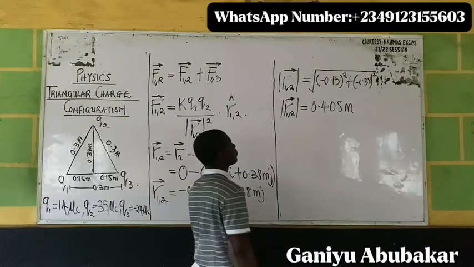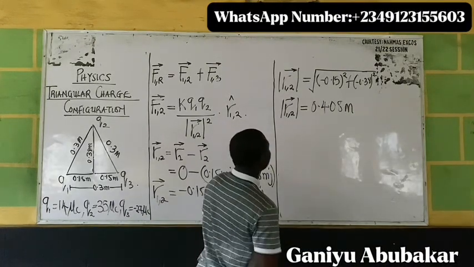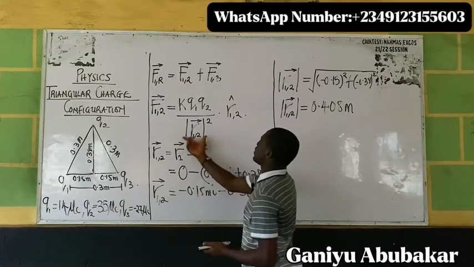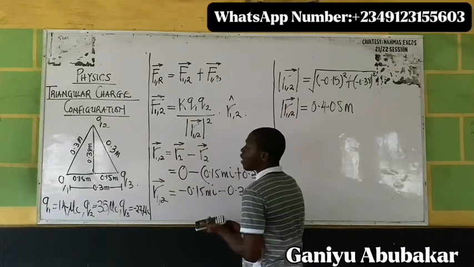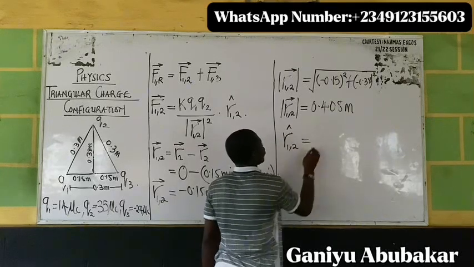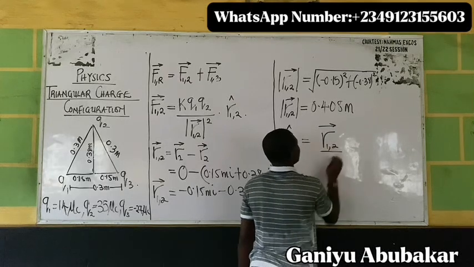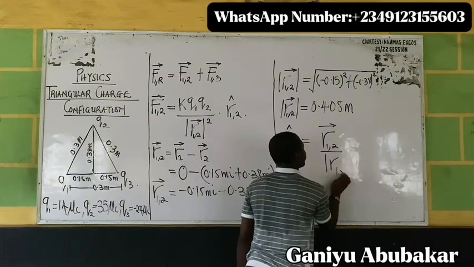All right, I have this value here as my answer. I've gotten this now. Let's get the unit vector of R12. The unit vector of R12 is equal to the position vector of R12 all over the magnitude of R12.